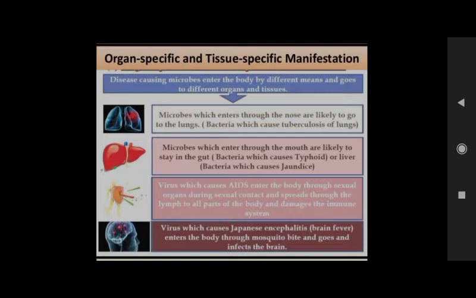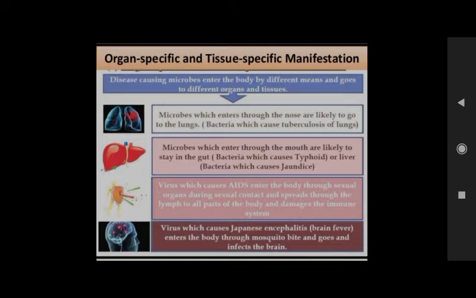If the microbe enters the body through sexual contact, suppose AIDS, then it will weaken the immune system of the body. What is the full form of AIDS, students? In class also I discussed, I made you write also.